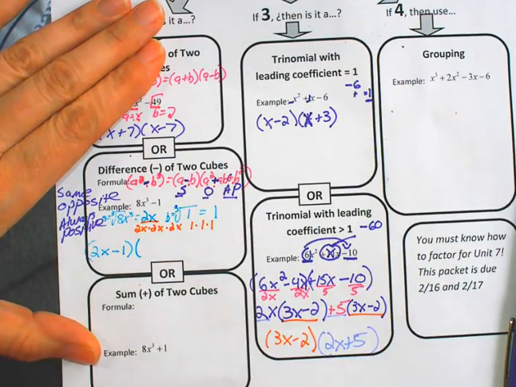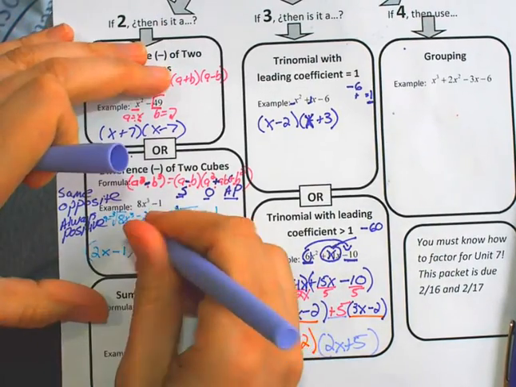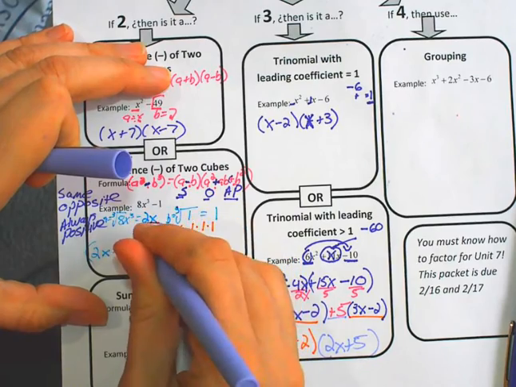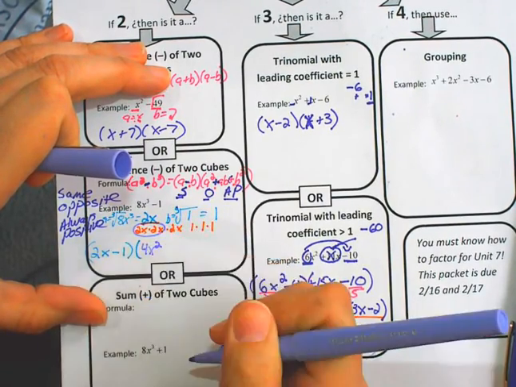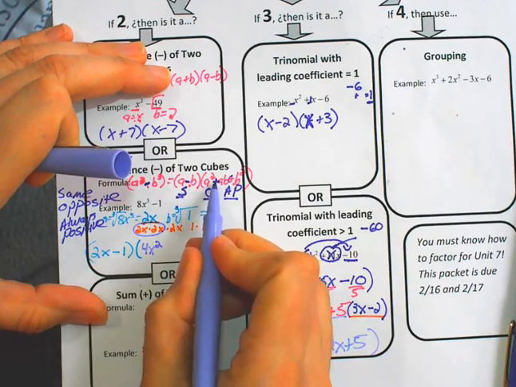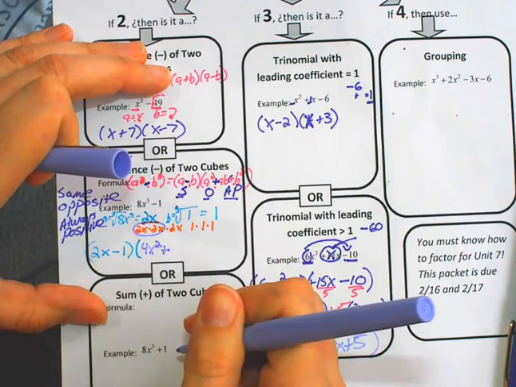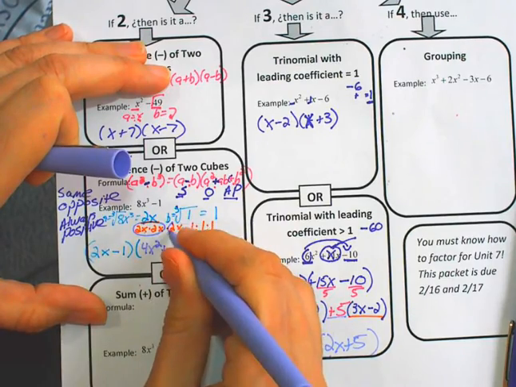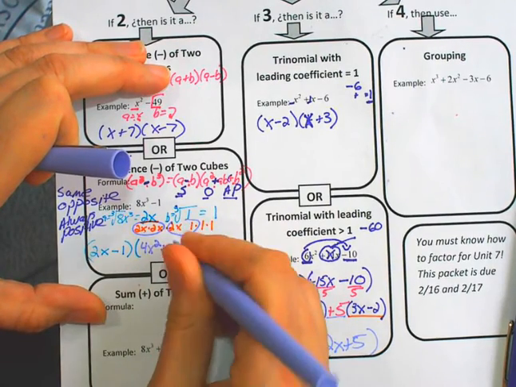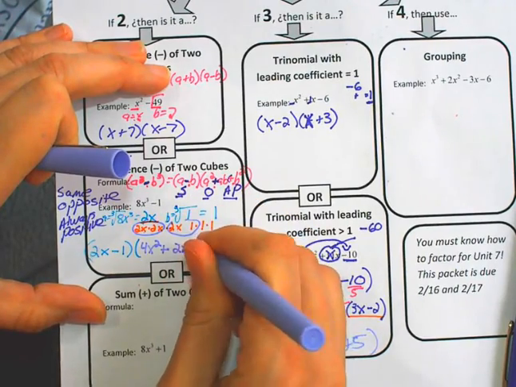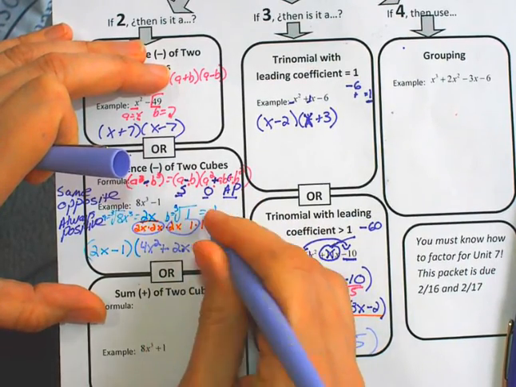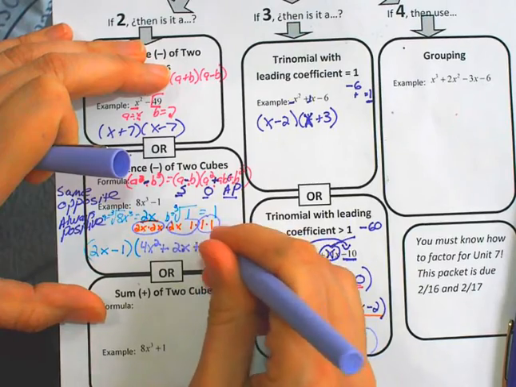And then you're going to group them. 2x times 2x is 4x squared. Now remember, we've got to look at the signs. We have plus, because it's the opposite sign. I'm going to group the next two: 2x times 1 is simply 2x. Always positive, so I'm going to have a plus. 1 times 1 is going to give me 1.